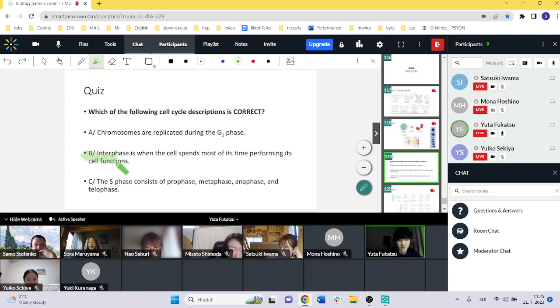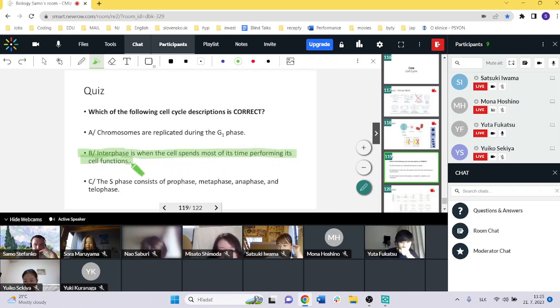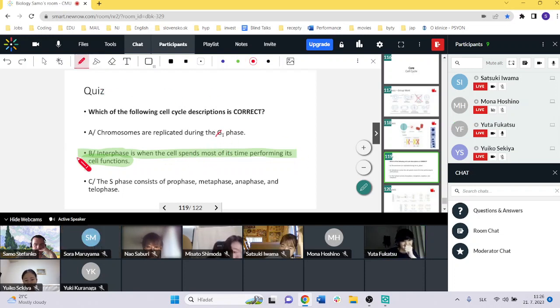Not the G1 phase. And which one? I think G2. In G2, there is a checkpoint whether chromosomes are replicated correctly. However, the other phase is right when the replication takes place.